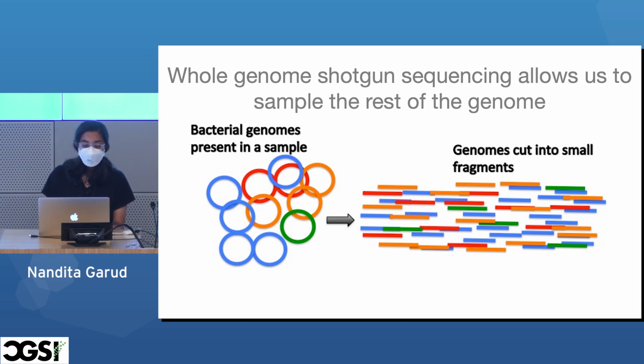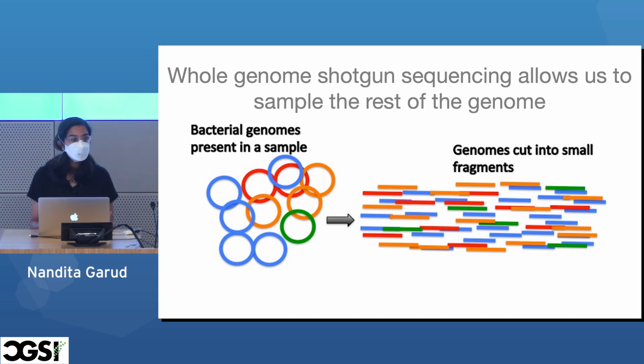What's interesting about this type of data is you get a snapshot of hundreds of species all at once and their whole genomes. But this is not easy data to deal with because these reads are only 100 base pairs long. It's a really complicated jigsaw puzzle that you need to deal with to figure out what's going on in this data set.